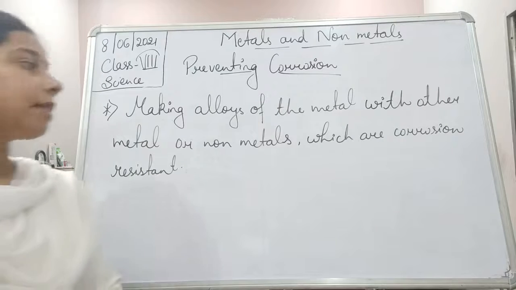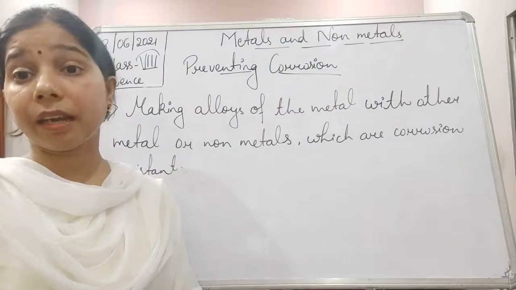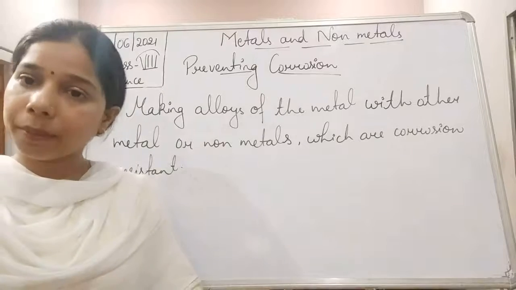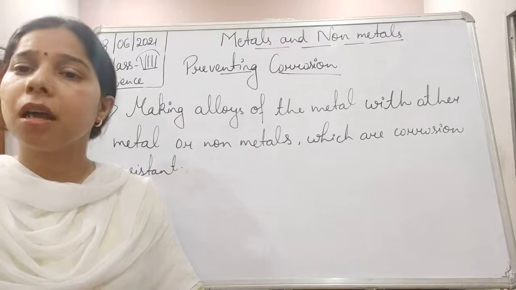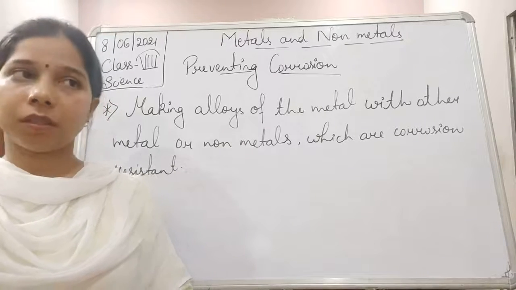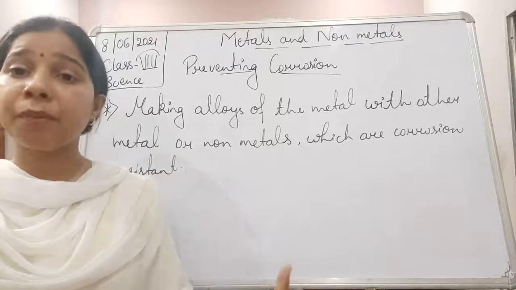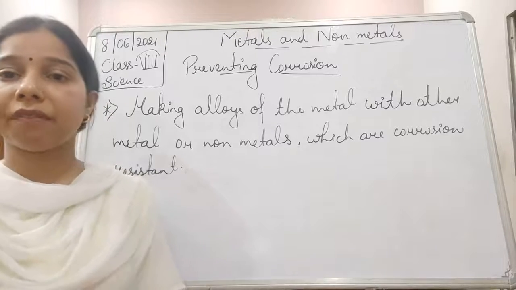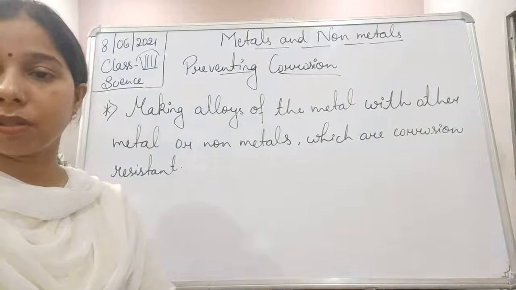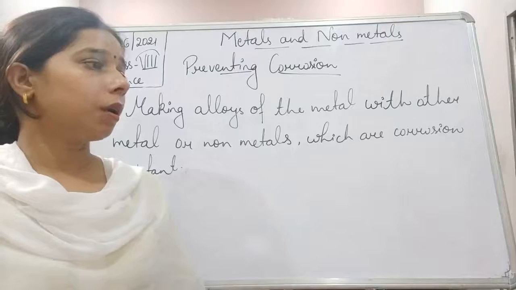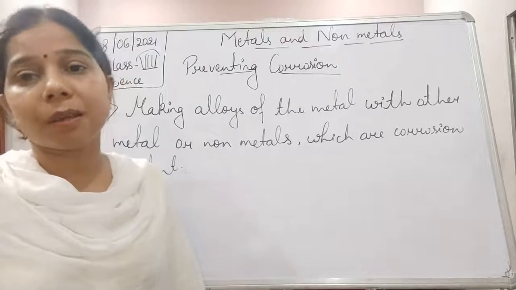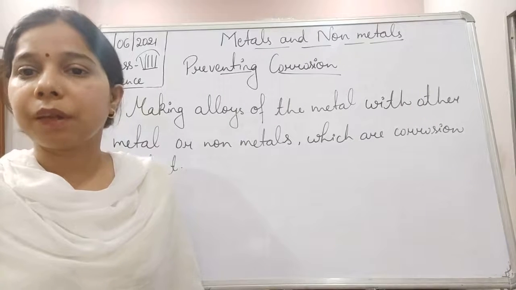But yes, there are methods that we can adopt in which we mix the metal with another metal or a non-metal, and this helps in preventing corrosion, since they themselves are very resistant to corrosion or to attack by other metals, students. Basically these metals or non-metals are themselves corrosion resistant, and that is why we use them.